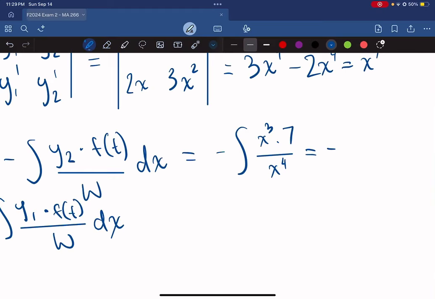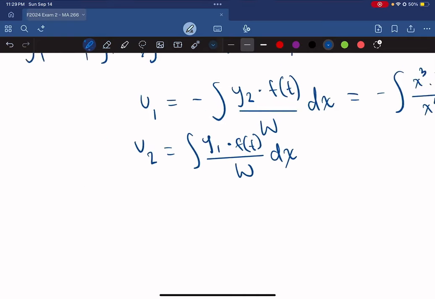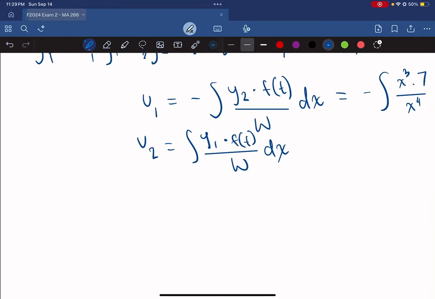So from there, you're going to have that, and we can just bring this here. And now we know that our u1 is going to be negative 7 ln x.